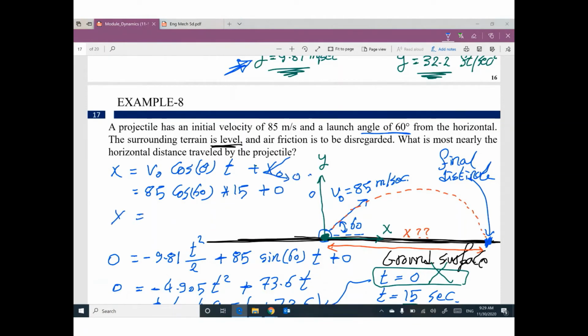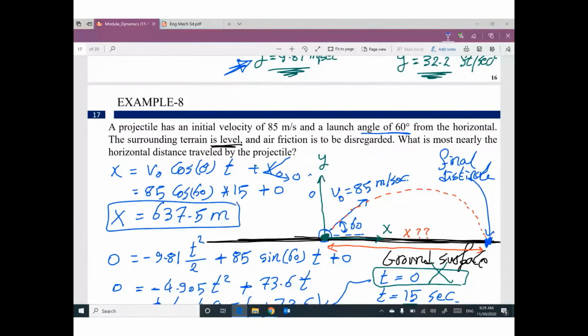So your final value for horizontal distance will be 637.5 meters.